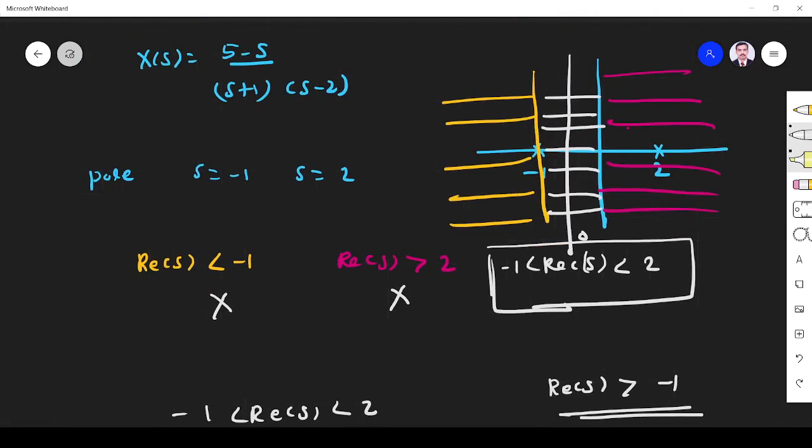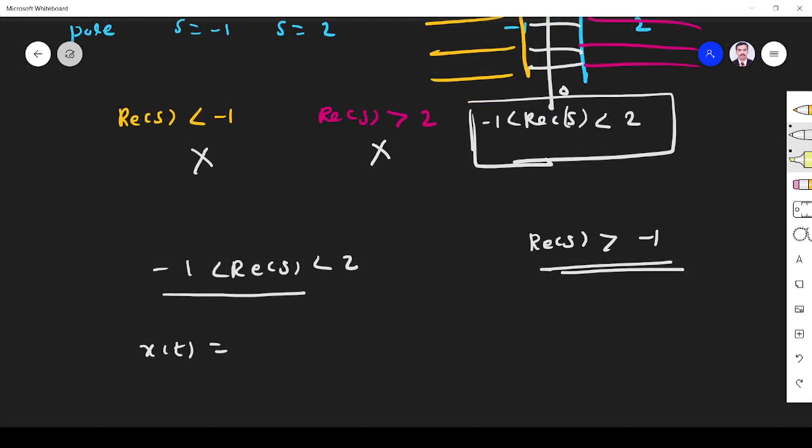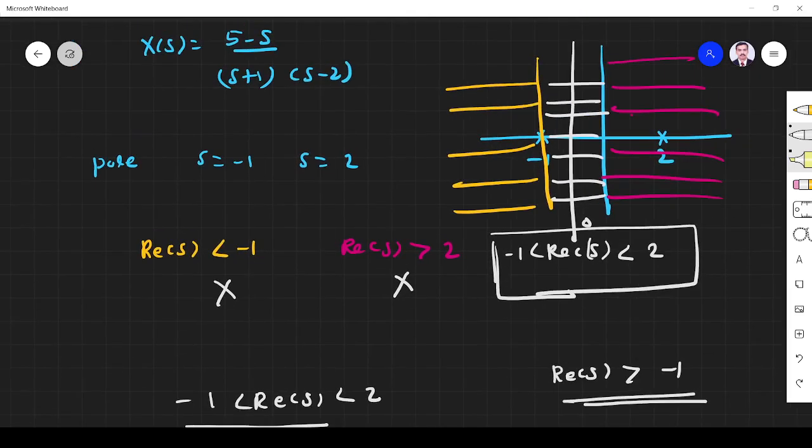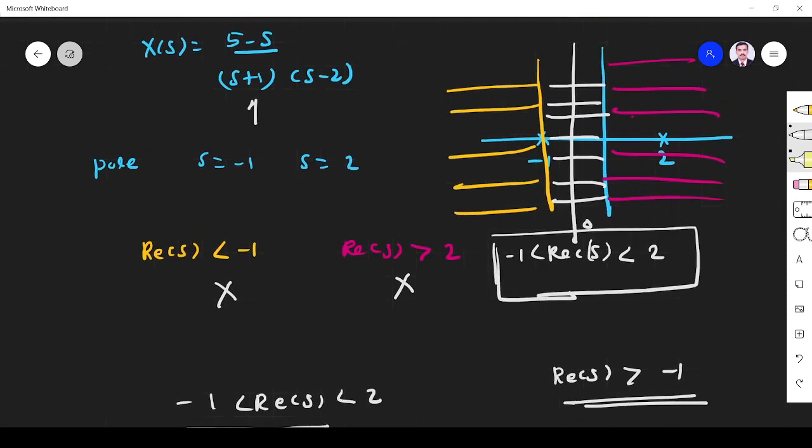So after doing partial fraction expansion, it should be a right hand side signal: 2 e power minus t u of t, where 2 is the constant value a. For s plus 1, we should have a right hand side signal because the ROC is greater than minus 1.